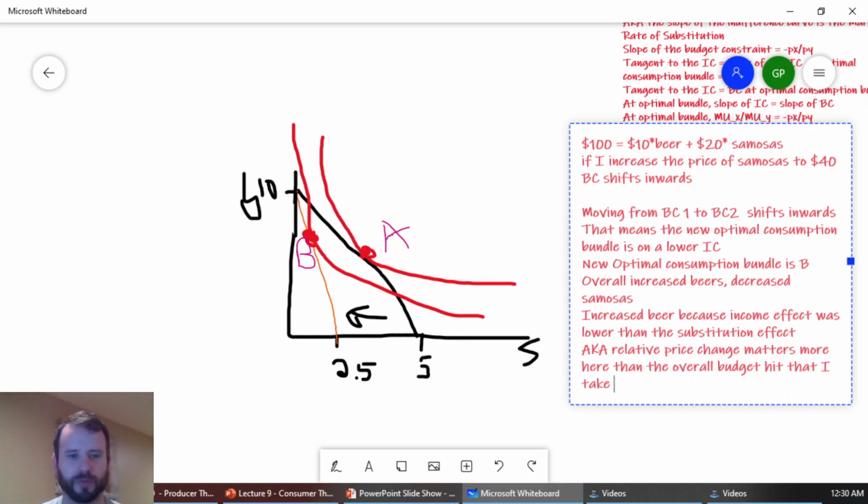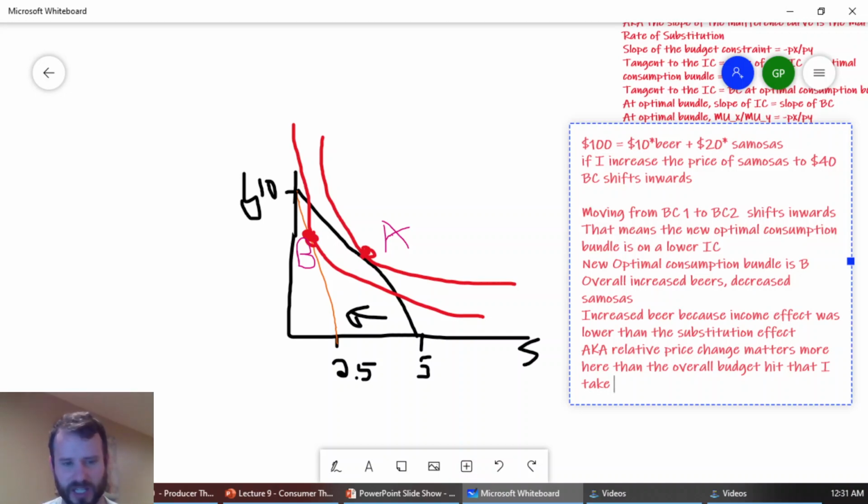Okay, so I'm consuming more beers, consuming less samosas. If I had a particular shape of indifference curve, it could be the case that even though I'm consuming less samosas, my overall budget is still being hit a lot by the price change, such that I have to drop my consumption of beer as well. So that would be an income effect.